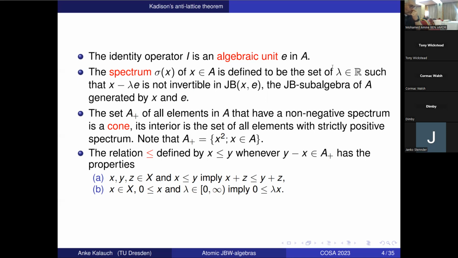Equivalently, this cone is also obtained in another way. And as you know, if you have a cone, then we make a partial order out of it by defining x less or equal y when the difference is in the cone. This partial order is compatible with the vector space operations. So in a very natural way we have a partially ordered vector space, B of H, with not only the algebraic structure, but also the partial order.